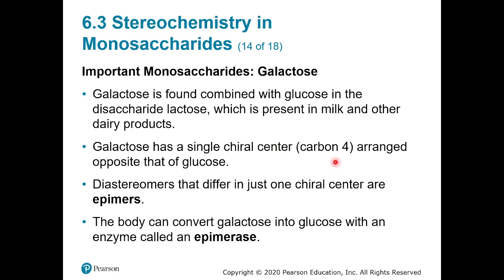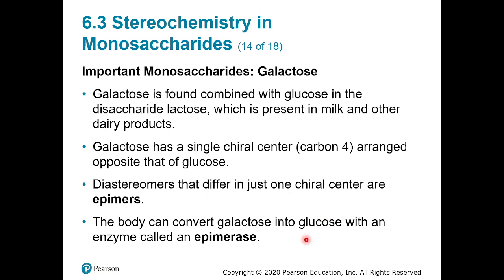Galactose has a single chiral center, carbon 4, that's arranged opposite of that of glucose. So it's only one chiral center, carbon 4, that is flipped. The diastereomers that differ in one chiral center, these are typically called epimers. So this is an epimer of glucose. So galactose, an epimer of glucose.